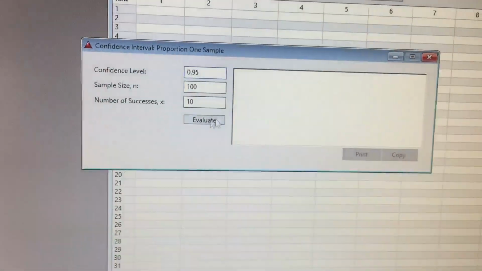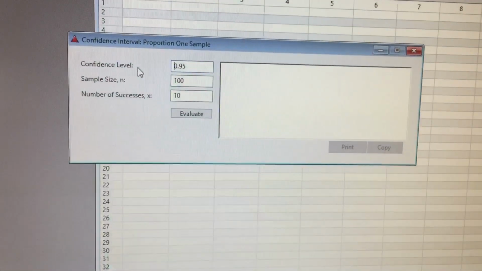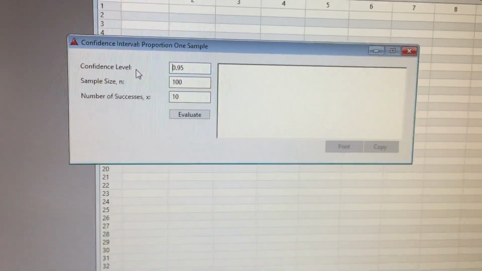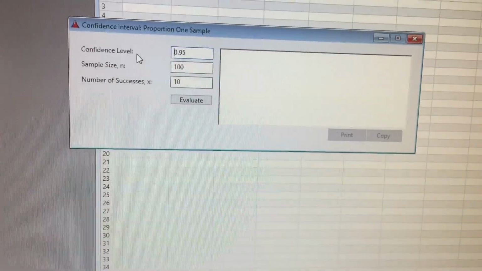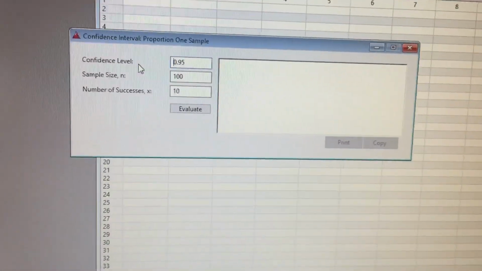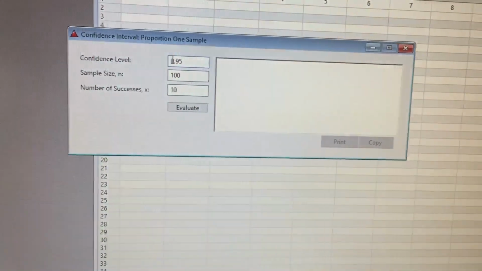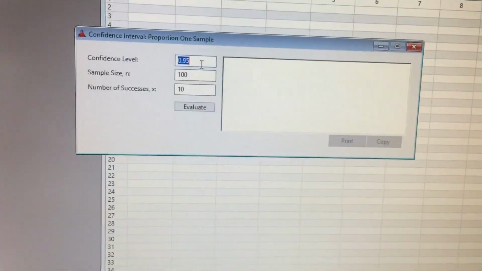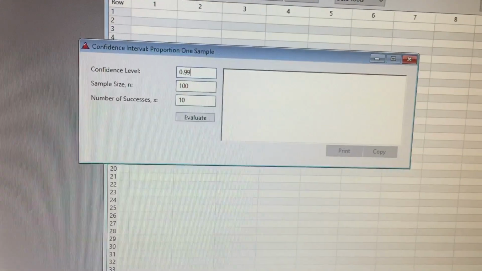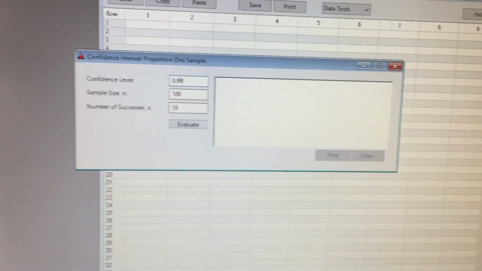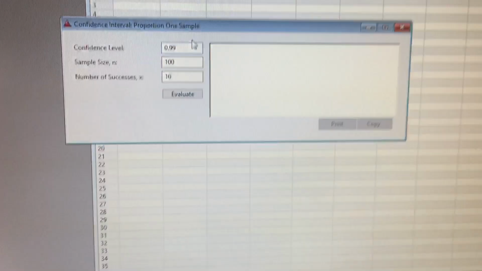And you're going to get this screen right here, Confidence Interval Proportion 1 Sample. Now we're constructing a 99% confidence interval, so the default is 0.95. We need to change that to 0.99, because 99% as a decimal will be 0.99.